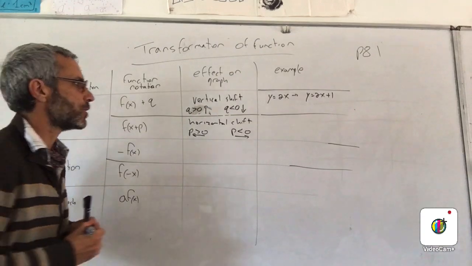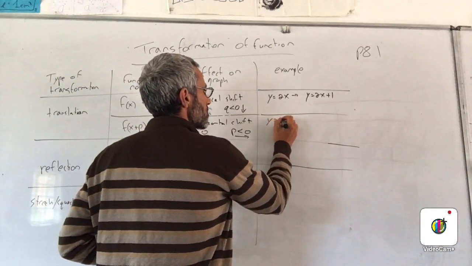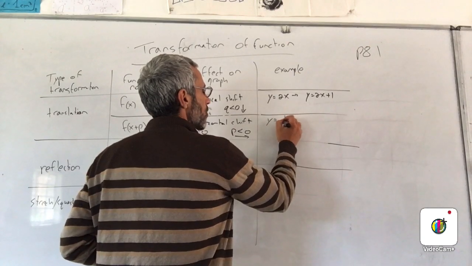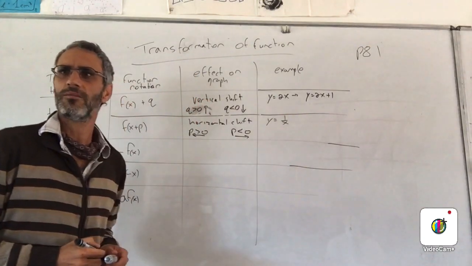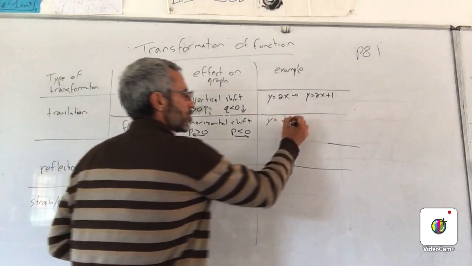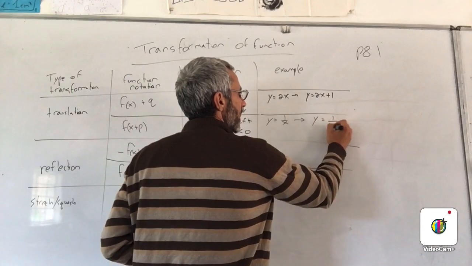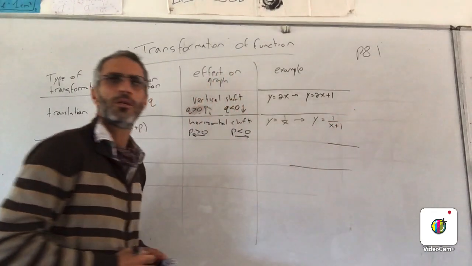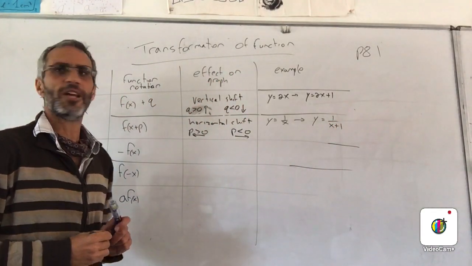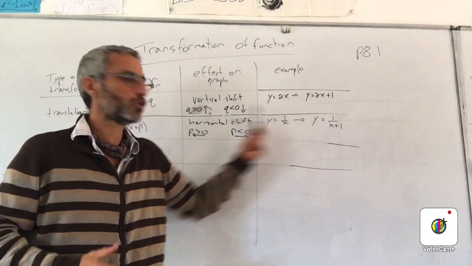Let's look at the example. If I have, let's say, y equals 1 over x, that's a hyperbola, the mother graph hyperbola. If I change it into y equals 1 over x plus 1, what kind of shift did I do here? It's a horizontal shift to the left.